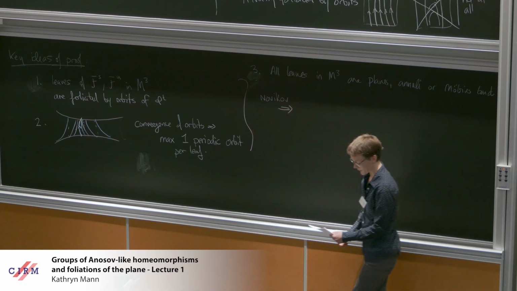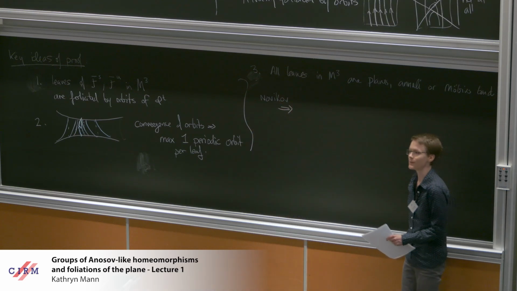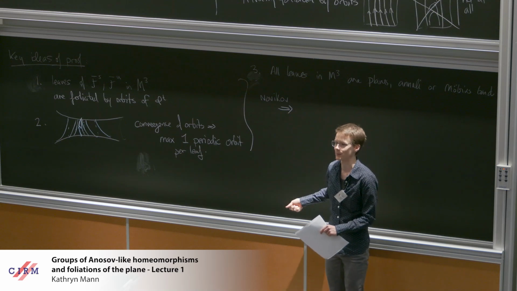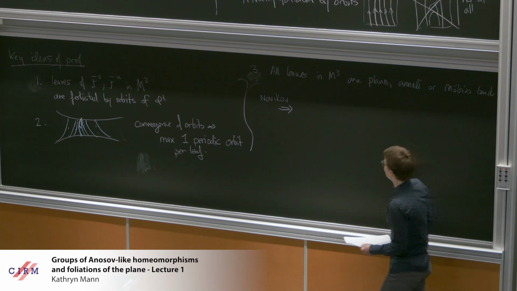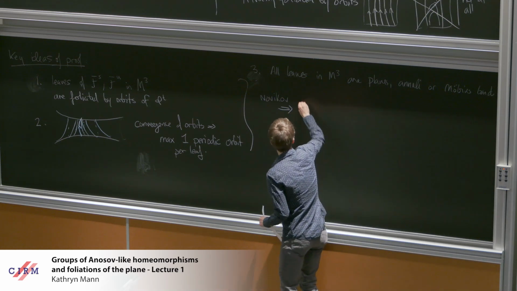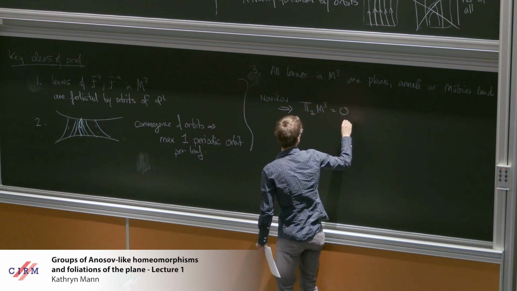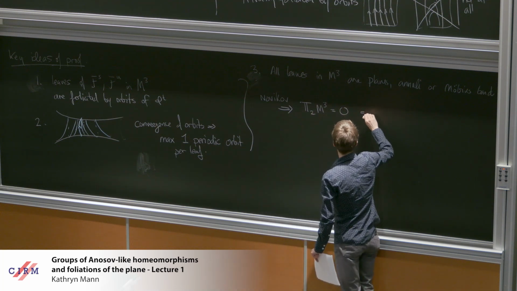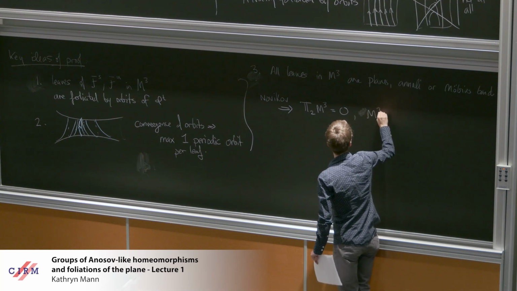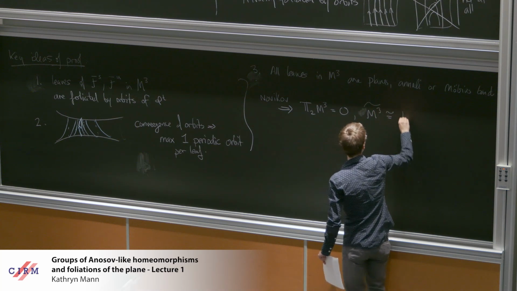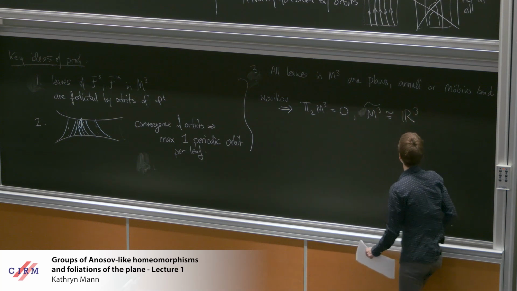which if you don't know, you would accept as a black box, and then at lunch at a conference on foliations, you ask your neighbor, what's this thing? And they'll give you a sketch. This tells you that your three-manifold is aspherical, and so the universal cover of it is homeomorphic to R3.